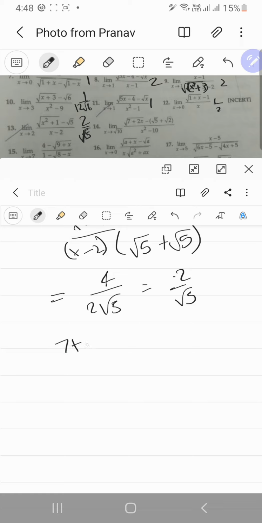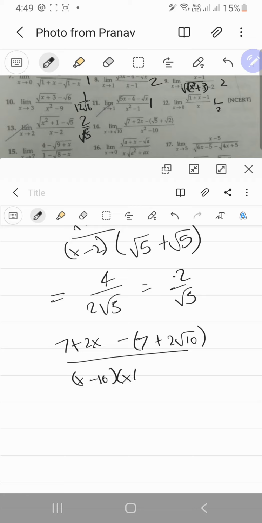So 7 plus 2x minus the square of this thing, which should be 7 plus 2 square root 10 upon x minus 10 into x plus 10, maybe, I don't know. And then just put square root 10 into this thing, so it should be 2 times 7 plus 2 square root of 10. Wait, is that so? Yes, that is so. Okay, that's nice.